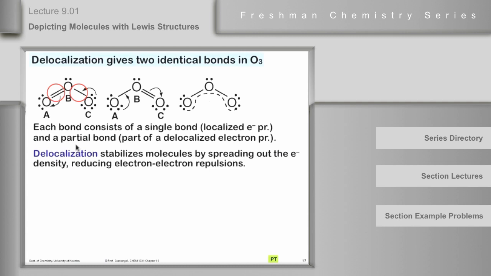I think it's better. All right, so delocalization reduces electron-electron pair repulsions. Now, what about the bond order? If we just pick one of these resonance forms and think about what the bond order could be, the bond order is the number of electron pairs divided by the number of links between the atoms. I'm tempted to say bonds, but that might be misleading. So if we look at one of these, we have 1, 2, 3 pairs of electrons.